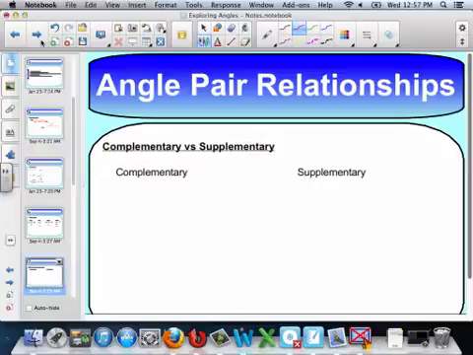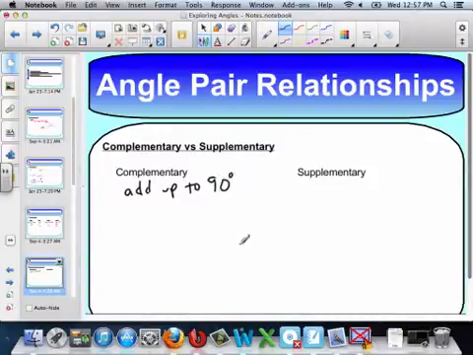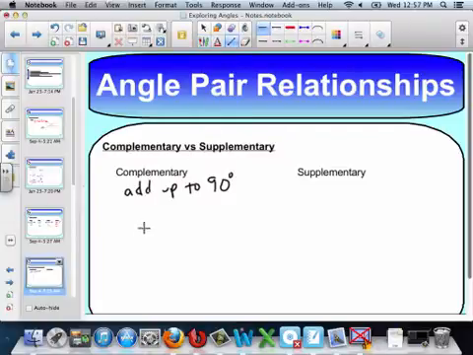There we go. Basically, if two angles are complementary, they add up to 90. So what does that actually create? A right angle, so therefore we can easily draw that as a right angle.